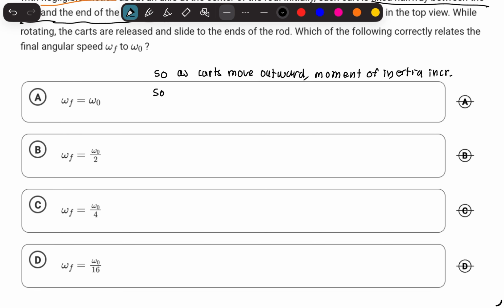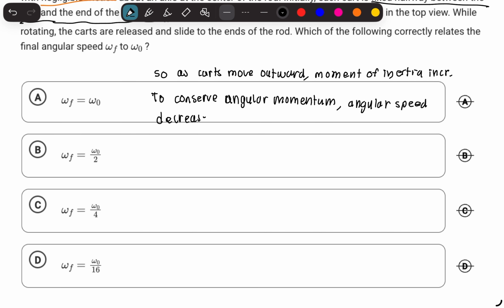And for us to be able to conserve that angular momentum, because we don't have friction, that's how we know we have angular momentum conservation. We know that the angular speed has to decrease to compensate for this. That's because if you change one thing in the variable, L is equal to I omega.